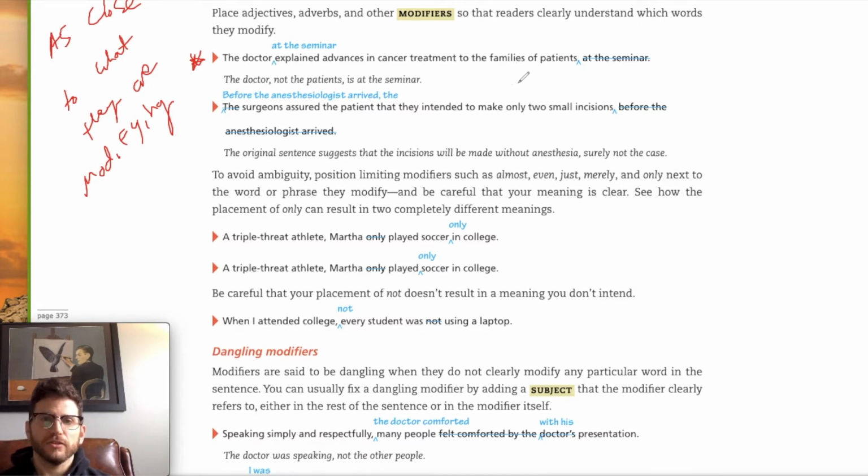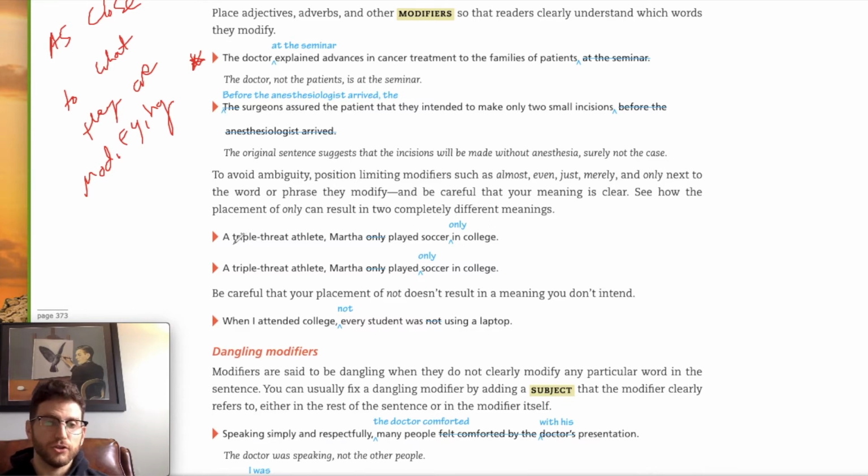Okay. Let's jump down here and look at a single word acting as a modifier. Okay, so only. A triple threat athlete. So triple threat just means that she can do many things. A triple threat athlete, Martha only played soccer in college. Okay.